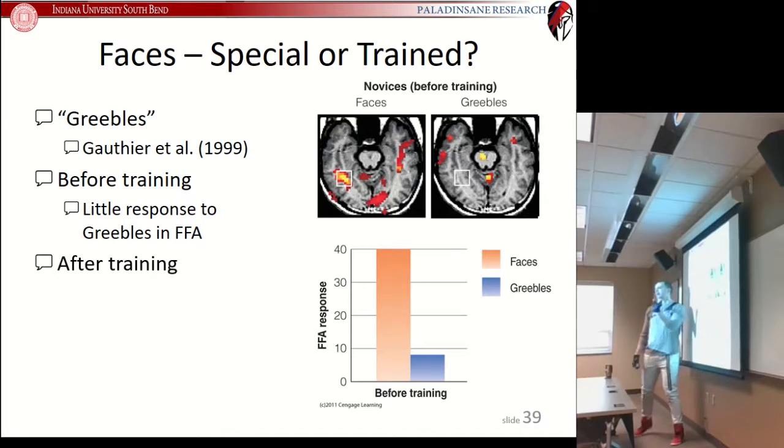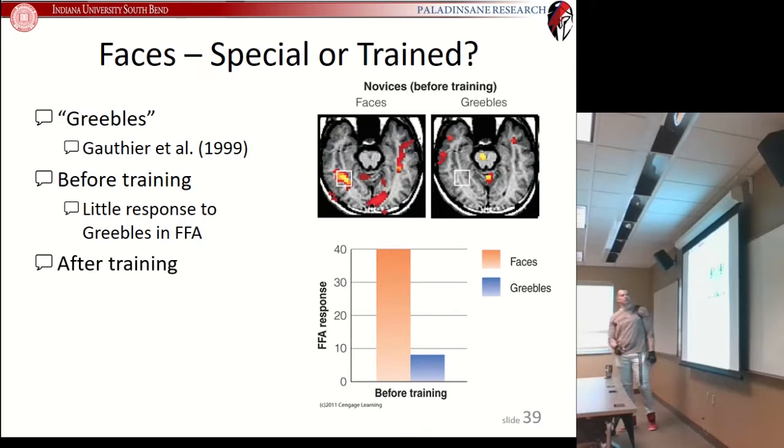On the other hand, if the area is just for highly trained stimuli, and can go through experience-dependent plasticity, then after training thousands of trials on these Greebles, we would expect the activation of the fusiform face area to increase for Greebles. If it's just for faces, we should see no change after training in how much Greebles activate this area. If it's not just for faces, but for experienced stimuli, we should see an increase.